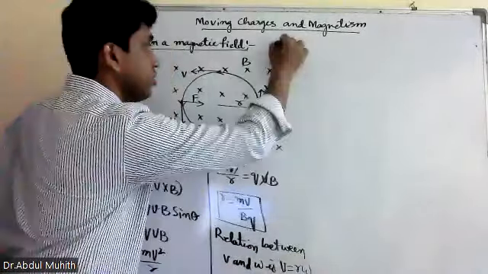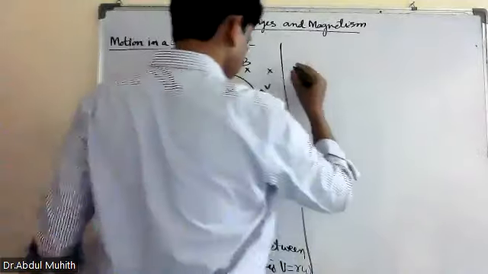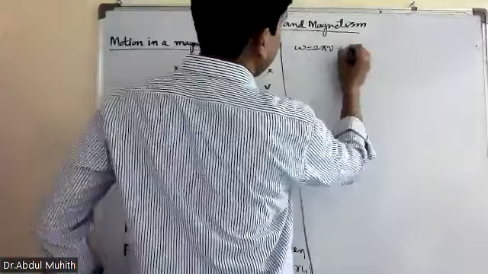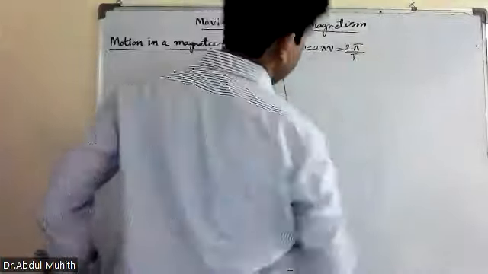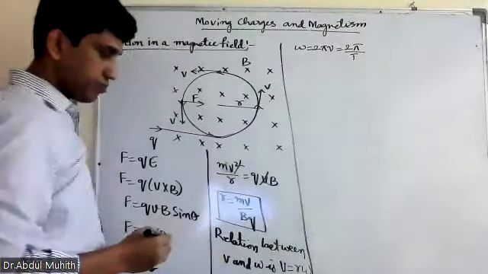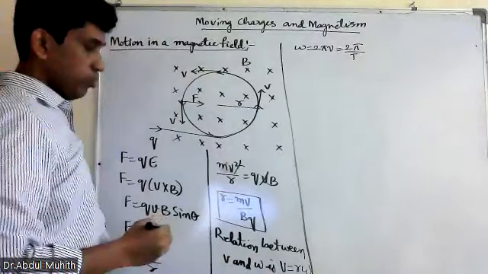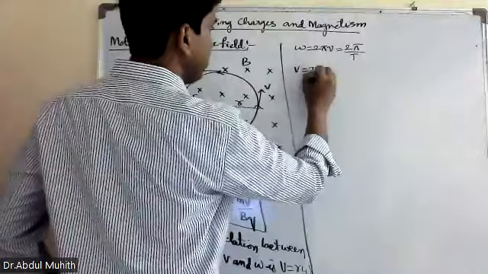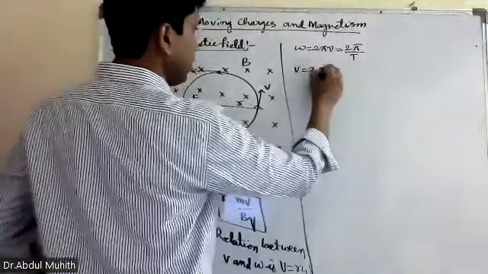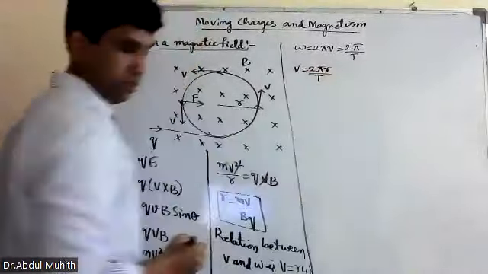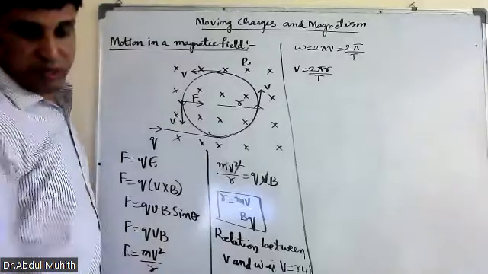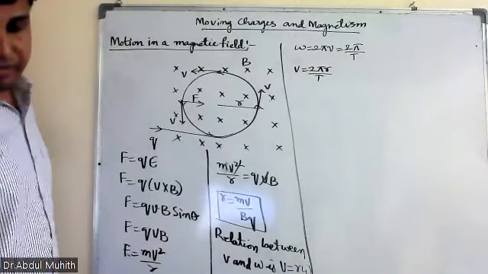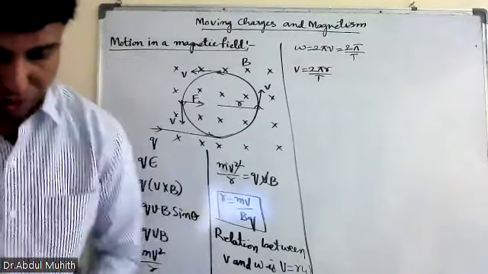Then omega is equal to 2 pi nu, or equal to 2 pi by T. So v is equal to r into 2 pi by T, so v is equal to 2 pi r by T.